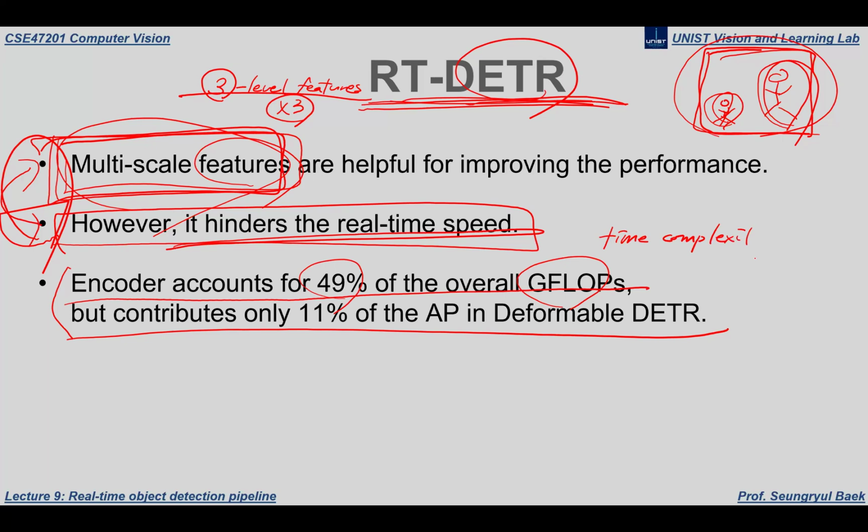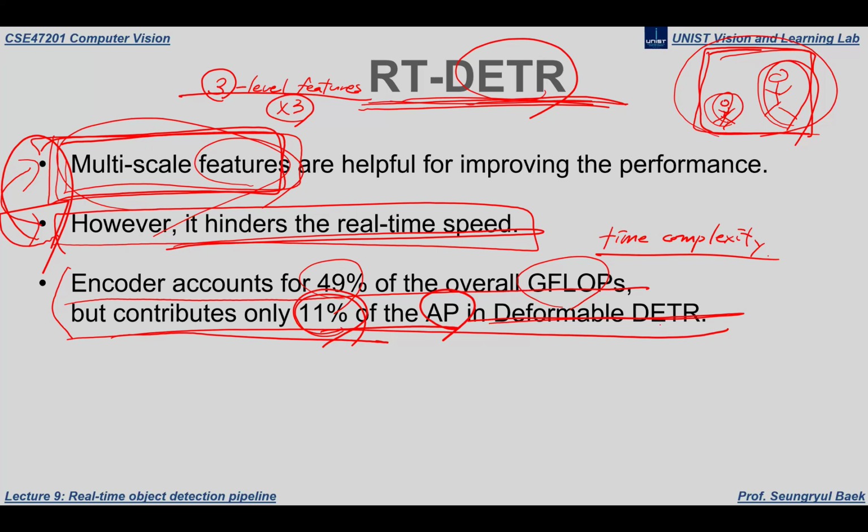It means that in the overall time for DETR, the encoder takes almost half and the decoder takes the remaining half. Okay, but the encoder contributes only 11% of AP, which means the accuracy, in Deformable DETR, which is one variant of DETR.